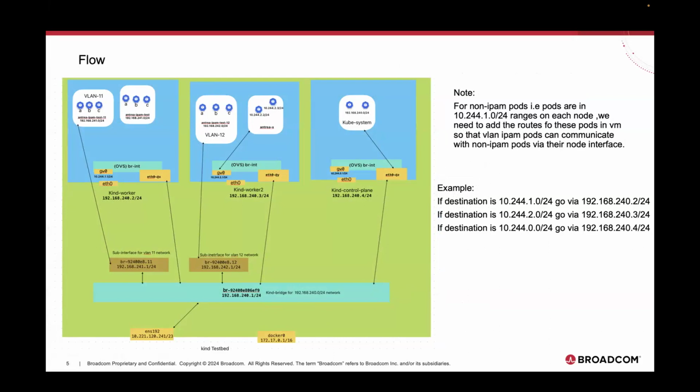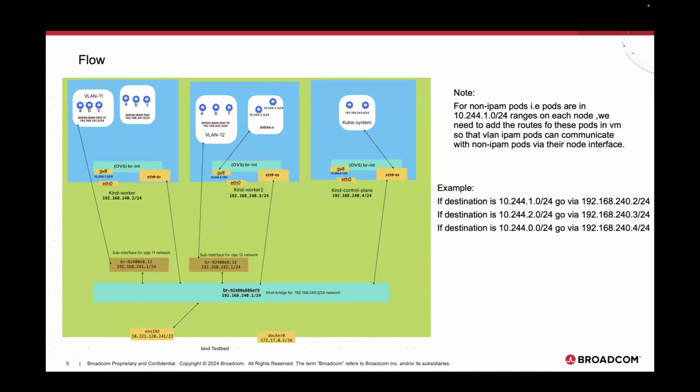This Linux bridge acts as a virtual switch, and it allows network packets to be forwarded between different network interfaces. This bridge supports VLAN trunking, which is nothing but configuring the Linux bridge or kind bridge to handle VLAN tagged traffic.